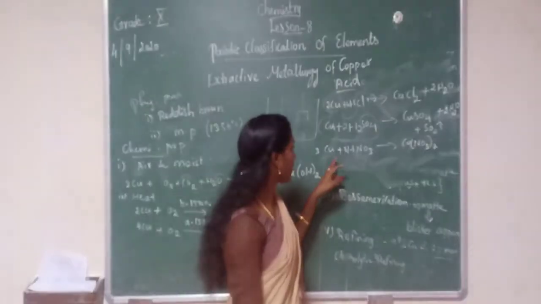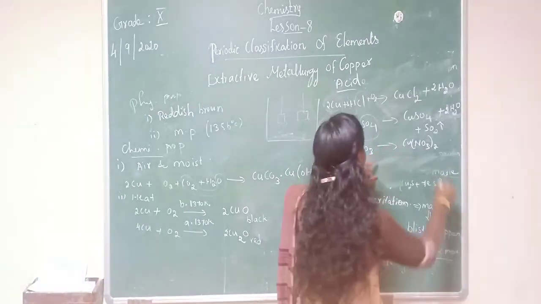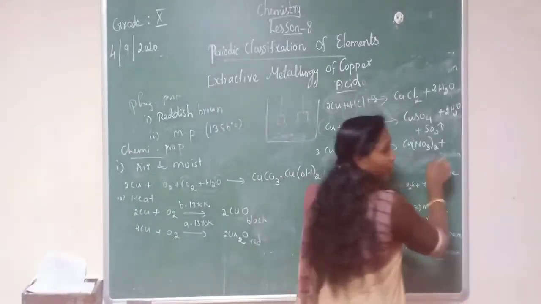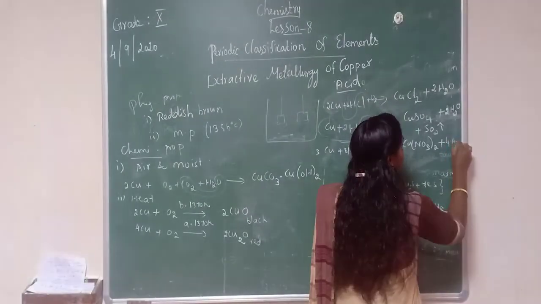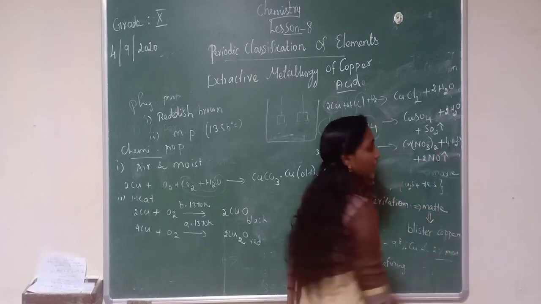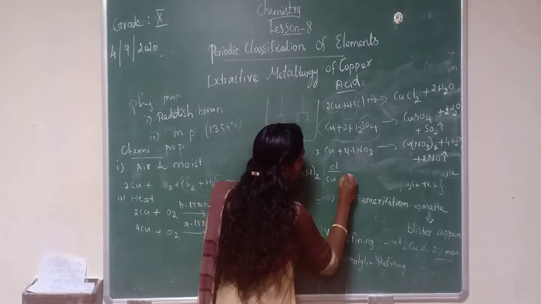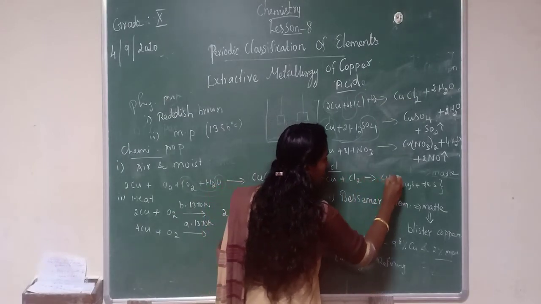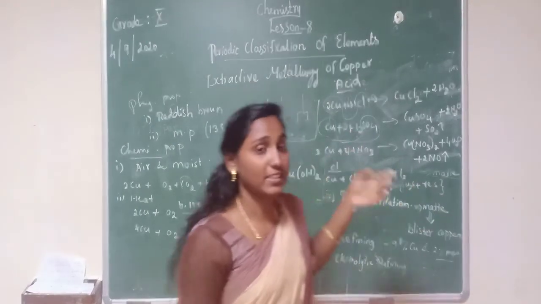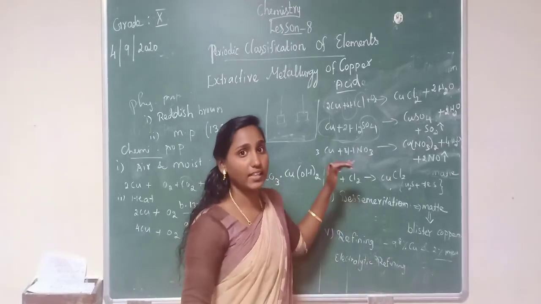It can form Cu(NO3)2 plus 8 hydrogens, so 4H2O, water, plus nitrogen oxide can be liberated. Then when copper reacts with chlorine, Cu plus Cl2 gives CuCl2. Copper chloride can form. When it reacts with alkali, it does not attack the copper. Alkali substance, that means base substance, does not attack the copper.